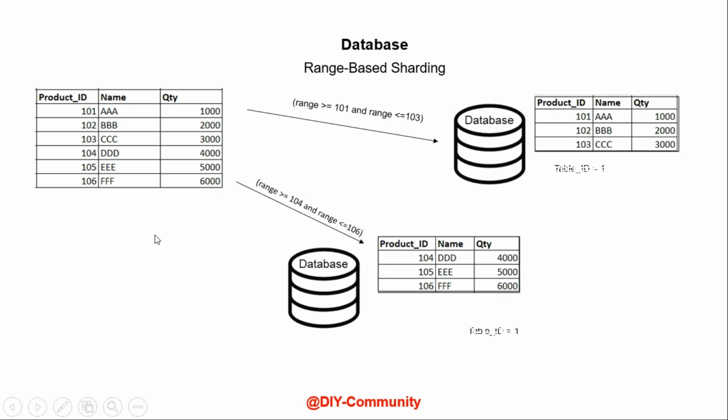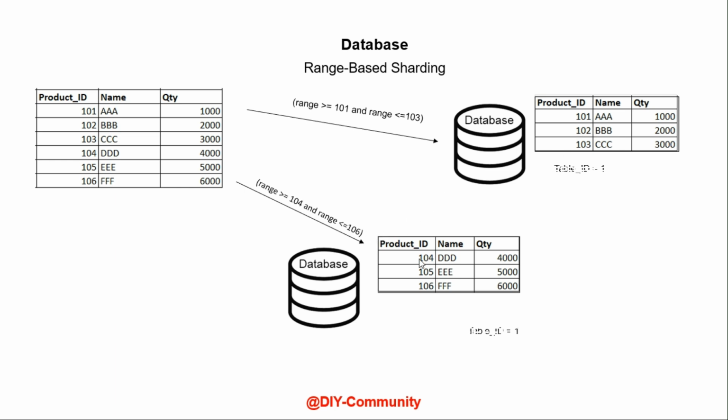Just like hash based sharding, range based sharding is also very popular, and it is very easy to implement. In this particular case, we have two databases, and both of them are configured to receive a range between certain numbers. For example, this database is configured to receive a range between 101 and 103, and this one is configured to receive a range between 104 and 106.